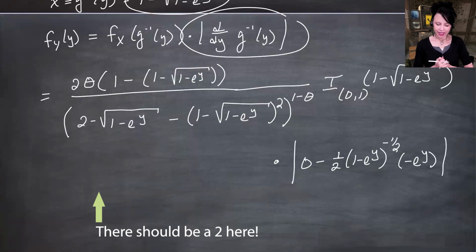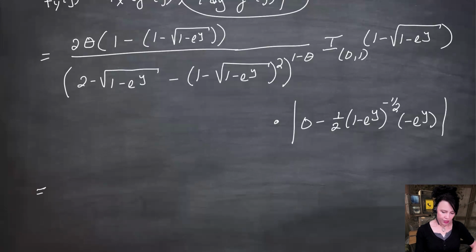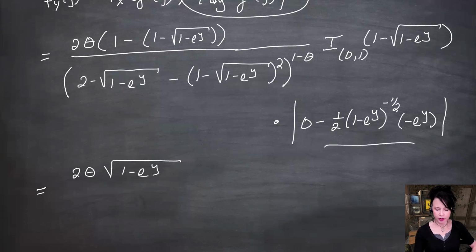Let's see if we can simplify this. Okay, here I am going to subtract these guys, and I am going to square this out. So that's what I'm doing next. So in this numerator, I get 2 theta square root of 1 minus e to the y. I'm just trying to decide if I want to pull this in yet.